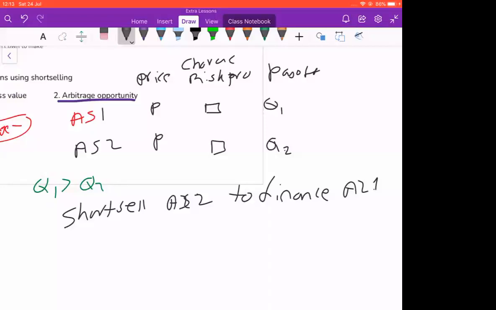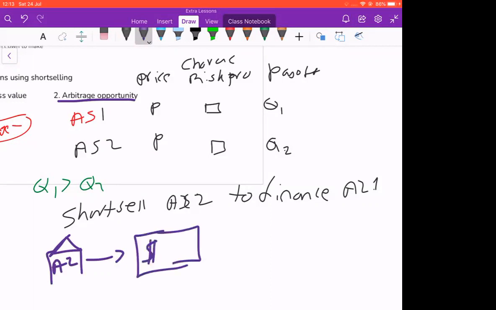So what's going to happen here? You go to someone who has this asset, which costs P. This is asset 2, right? And then you sell it immediately. So you have an asset, I'm going to call it S2. You take this S2 and sell it, and you gain money of the price of P, right?